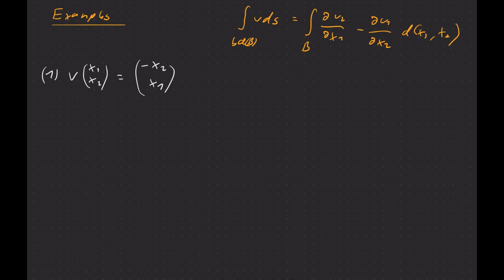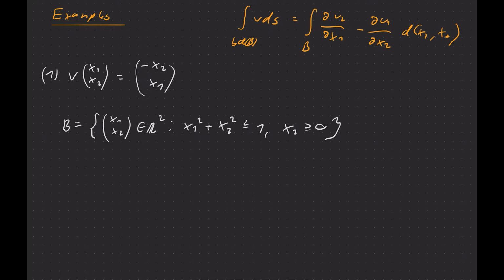For B, we are going to take the following domain. We're going to look at all points x1, x2 in R2, such that x1 squared plus x2 squared is less or equal to 1, and x2 is greater or equal to 0.